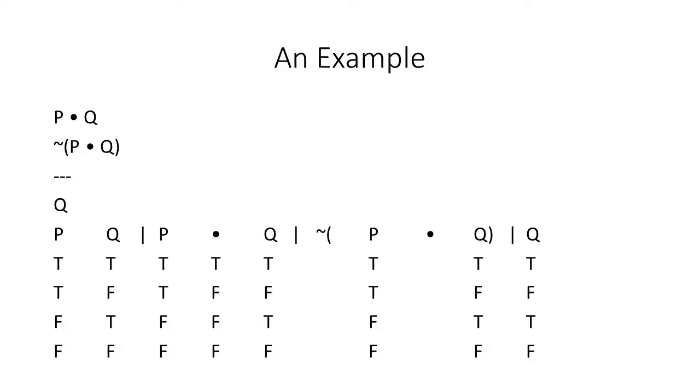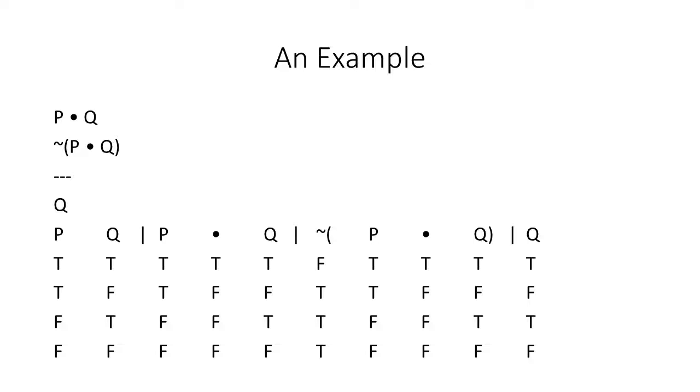You might start with the first premise, and there we have true, false, false, false. In the second premise, we work from the inside out, so we have true, false, false, false again. And now we have to solve for the tilde, and we should have false, true, true, true, because the tilde switches the truth value from true to false and false to true. So we've solved the truth table.